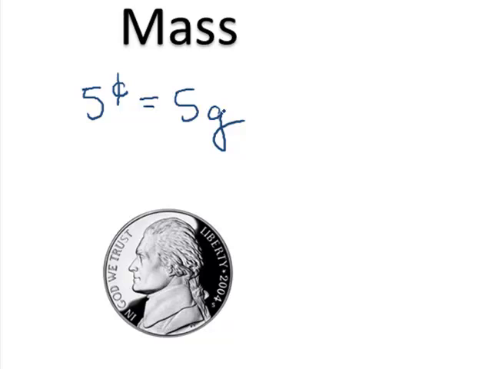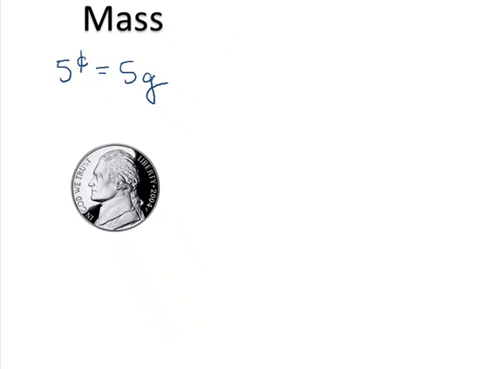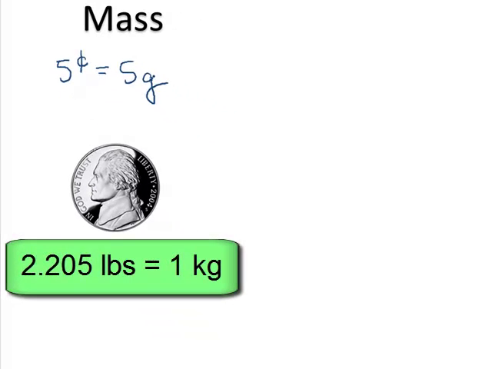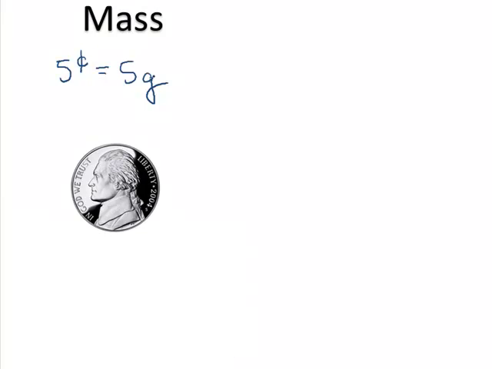For body weight, you'll often hear people referred to in terms of their weight in kilograms, and there's about 2.205 pounds in 1 kilogram. So a patient that weighs 220 pounds will weigh 100 kilograms, roughly. I don't expect you to memorize these relationships, but they can be helpful so that you kind of know how to visualize the numbers you see on paper.